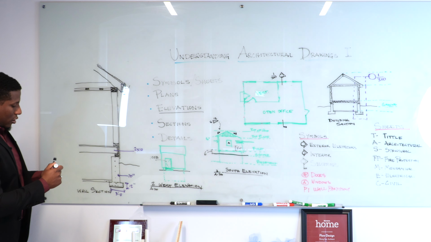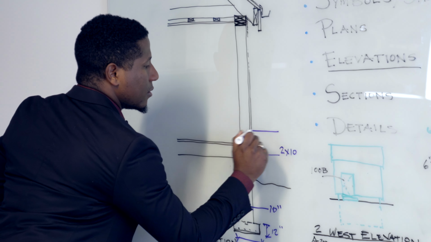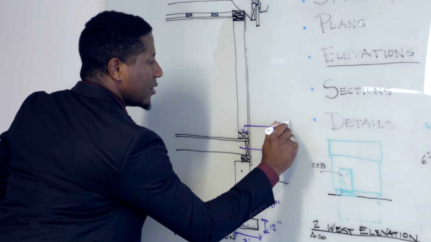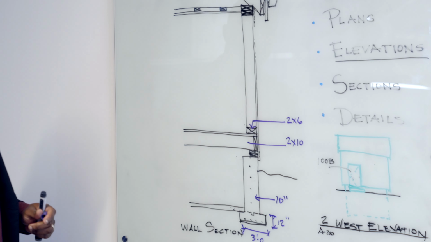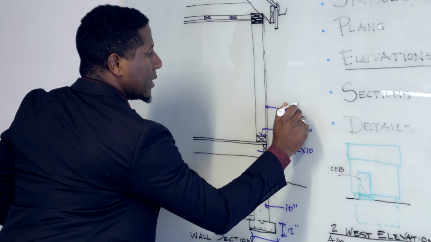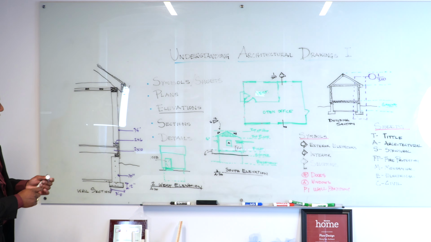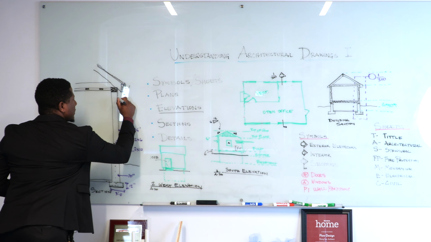You have your wall type, like this is a 2 by 6 exterior stud. This is your sheathing, 3/4 of an inch, and then you can see, oh wow, look at this kind of siding.